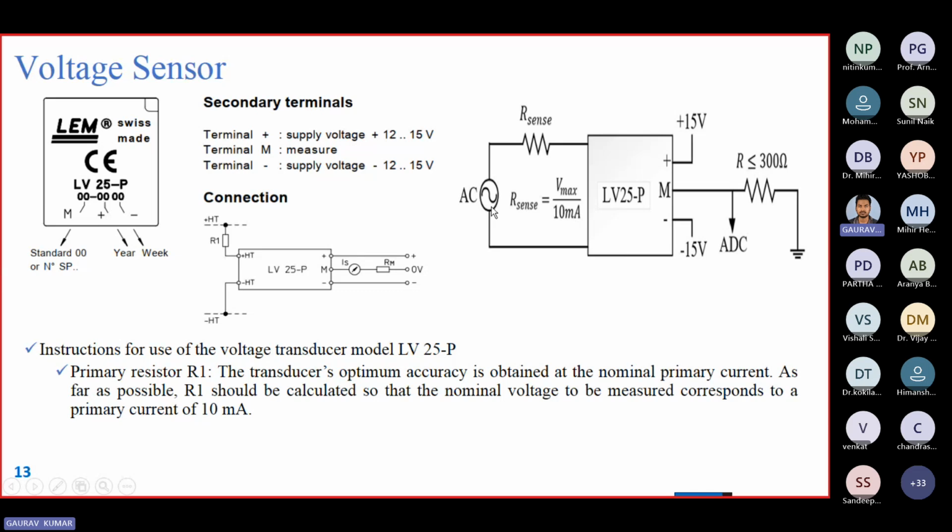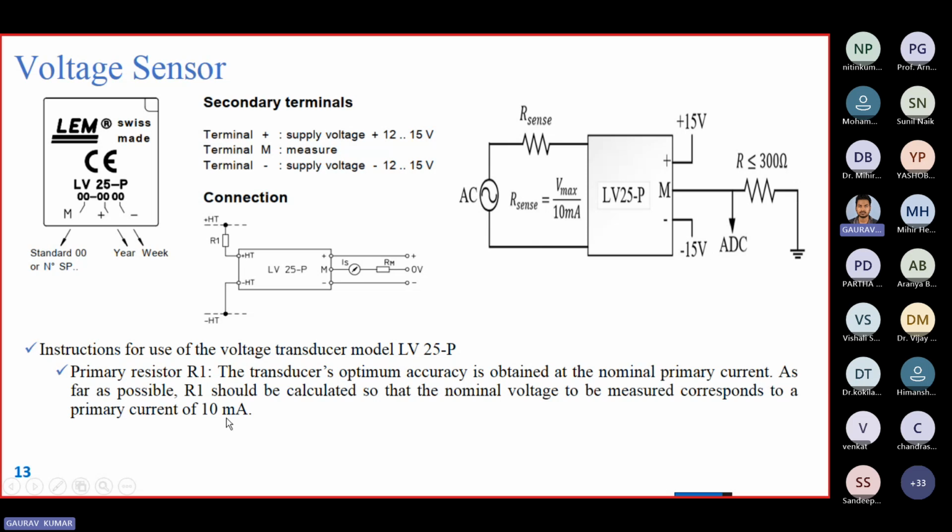Suppose we want to sense an AC voltage. The AC voltage is connected with the R sense resistance, then the LV25 voltage sensor, then the plus minus 15 volt supply, then M is connected with some measuring resistance, and then to ground. When we design the voltage sensor, the first thing to keep in mind is that you should design your R resistance so that the primary current is near 10 milliamp.